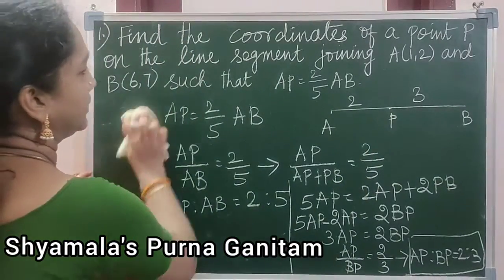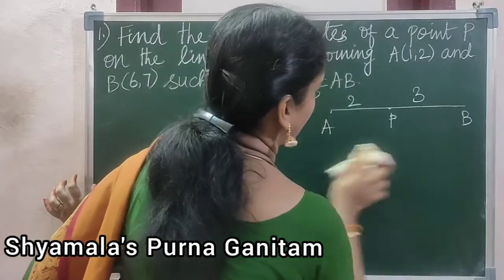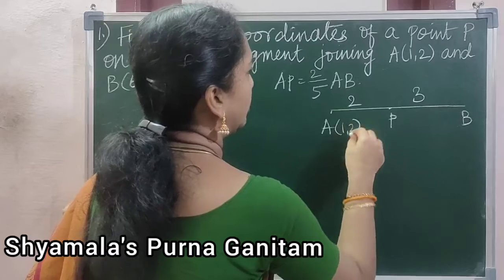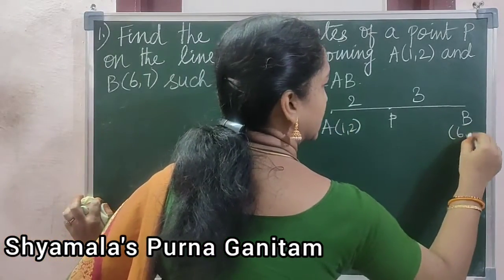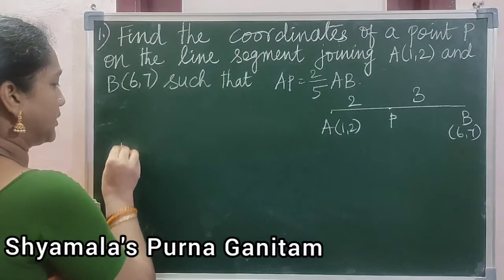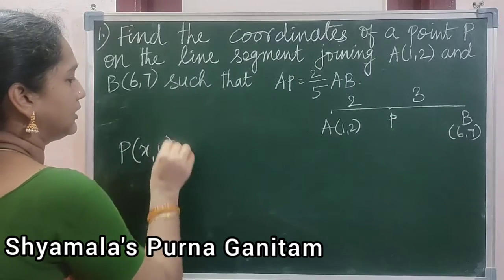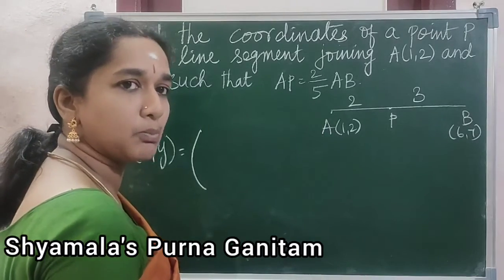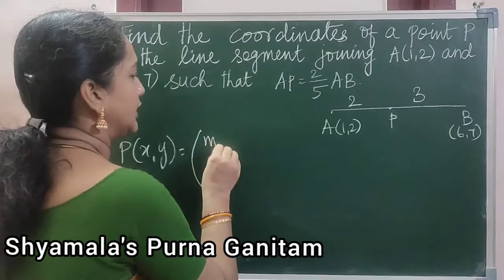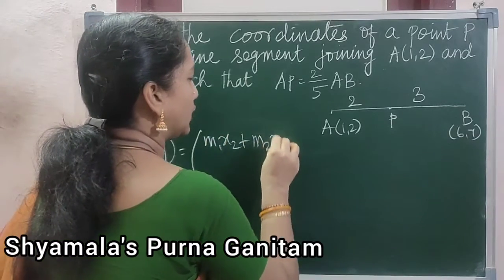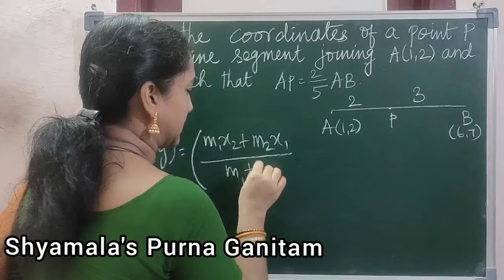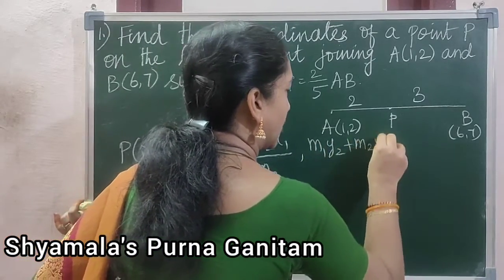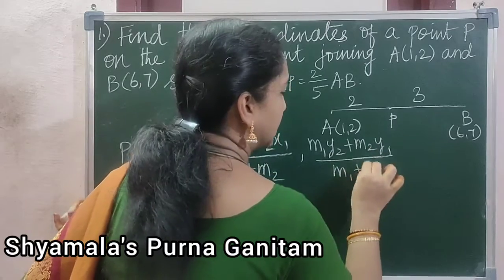So the ratio is 2 is to 3. A coordinates are given as (1, 2). B coordinates are given as (6, 7). We will substitute it. So P(x, y) is equal to, what is the section formula? The section formula is (m1 x2 plus m2 x1) by (m1 plus m2), then (m1 y2 plus m2 y1) by (m1 plus m2).